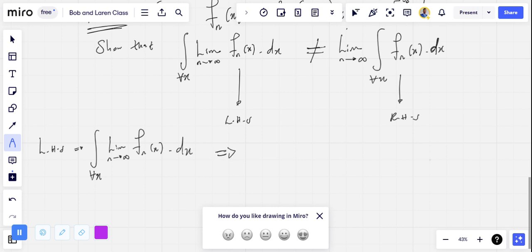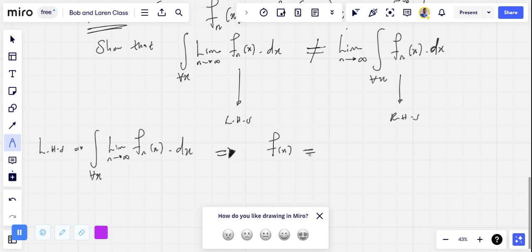Recall from our previous video, I think part 2 or part 1, I explained pointwise convergence, and from that explanation I was able to tell you that if fn(x) is a sequence of functions, then there exists a real valued function f(x).